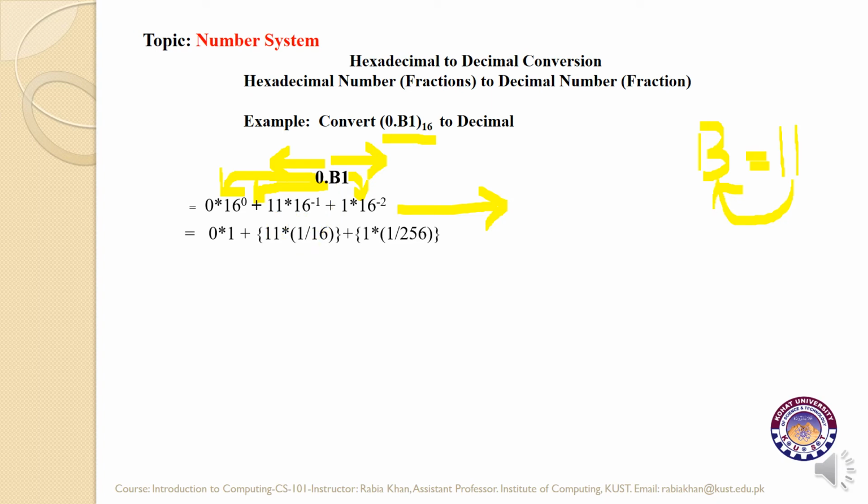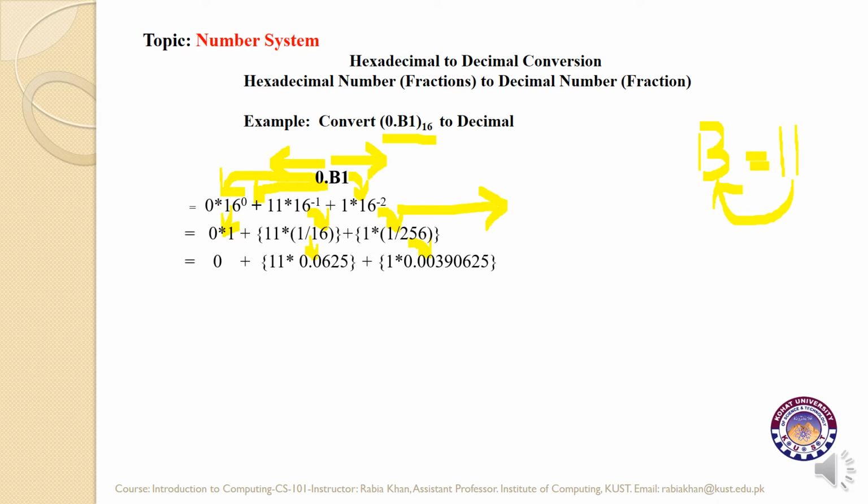16 raised to the power 0 is equal to 1, so 0 is multiplied by 1. And 16 raised to the power -1 is equal to 1 by 16, and 16 raised to the power -2 is equal to 1 by 256. When we perform the division, 1 by 16 is equal to 0.0625, and 1 by 256 is equal to 0.00390625.